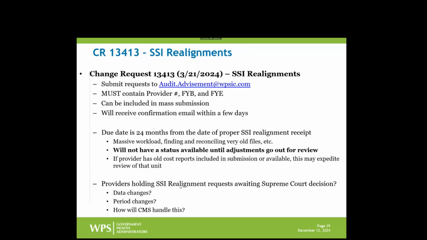So let's see. This is the other thing. I got into the discussion about that Supreme Court decision and how it's impacting the SSI portion of the SSI ratio. So I'm aware that some providers are holding on to those SSI realignment requests until that Supreme Court decision is made. I think there might be a little concern amongst some of the providers that what if that Supreme Court decision is adverse and all of the data is going to change anyways?